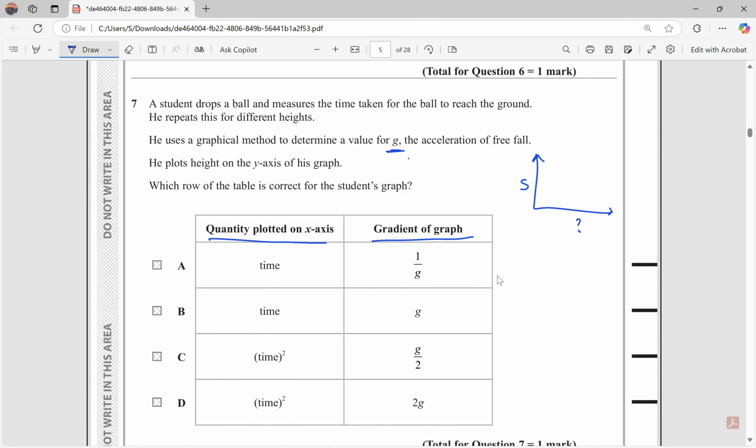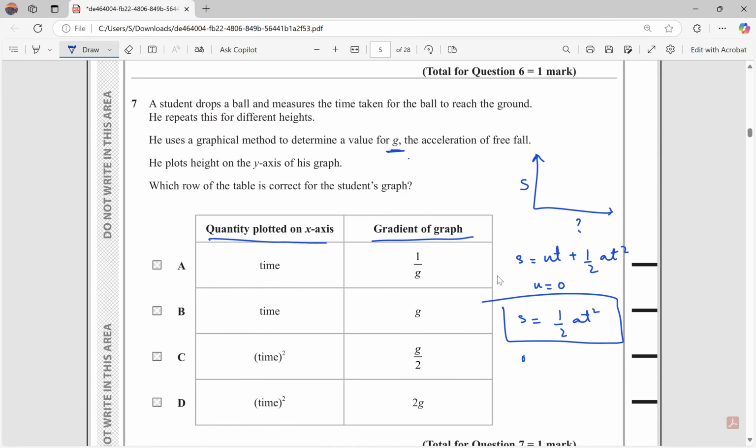So in that practical, the main formula used is this: s is equal to ut plus 1/2 at squared. Because you're dropping a ball from a height, and it will take some time to fall down. You're trying to find a. The initial velocity is 0. Whenever you drop something, the initial velocity is 0. So this is the distance. This is the main equation you're using.